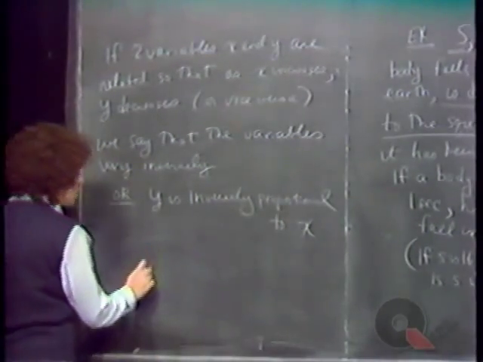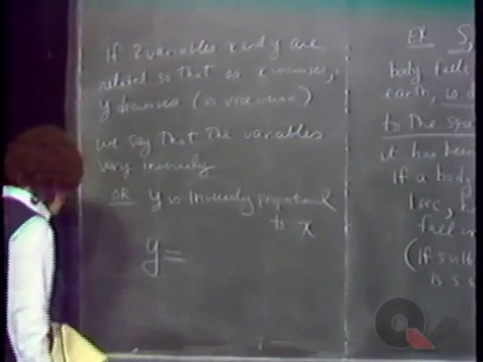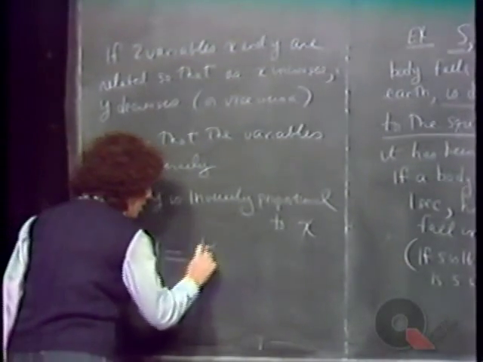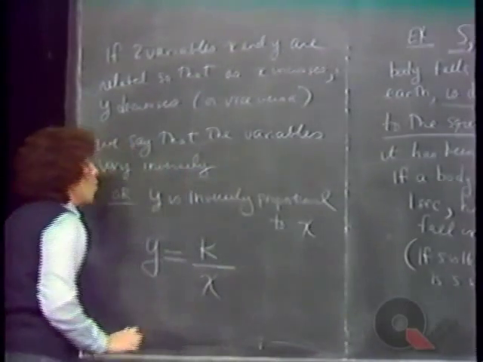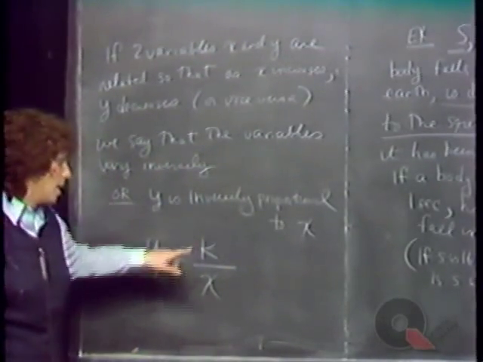Okay, and we can write this algebraically in the following way. Y is equal to k over x, where k is the proportionality constant.